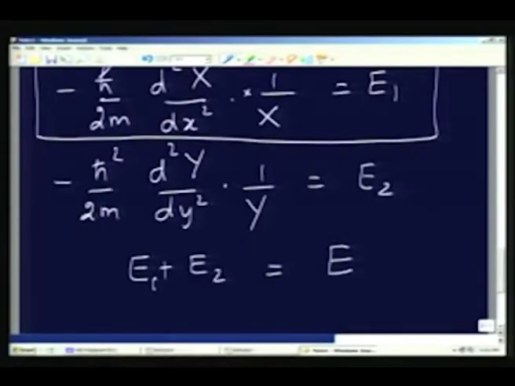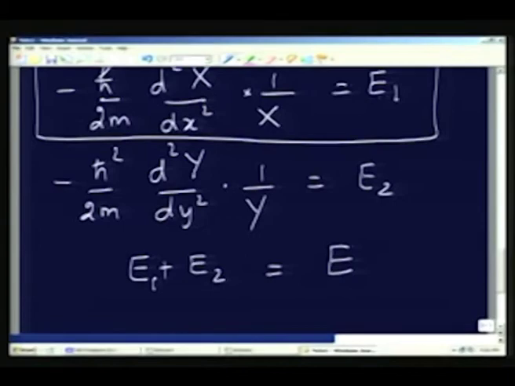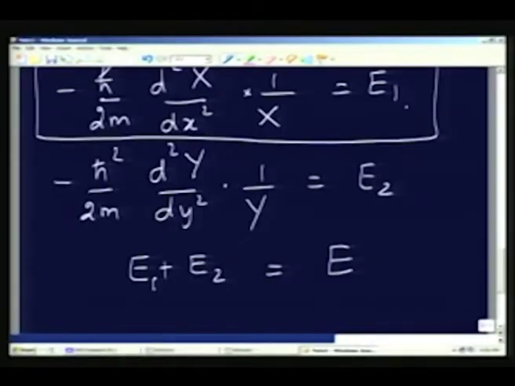These two equations are two independent equations. Therefore, there are two independent quantum numbers. E1 is proportional to n1 square, E2 is proportional to n2 square, another quantum number, which does not have to be the same, except that the sum of the two energies should be equal to the total energy E.